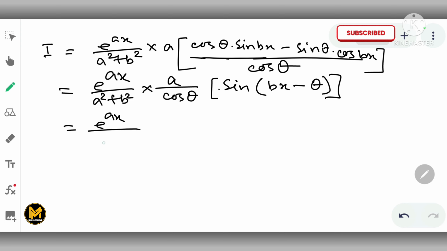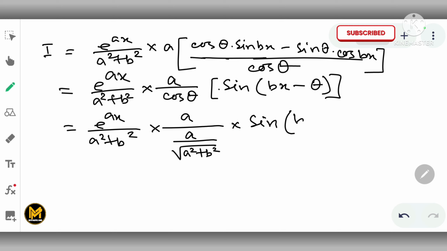Now from our previous assumption, tan theta equals b by a will give us cos theta as a divided by root over a square plus b square, and theta is tan inverse b by a.